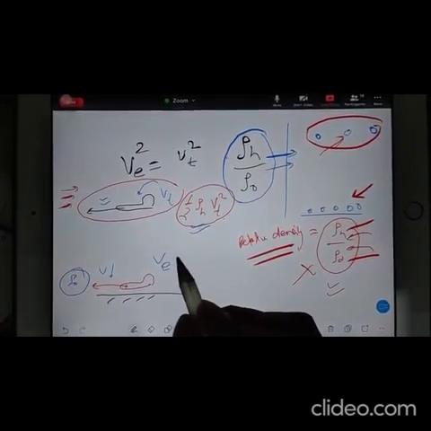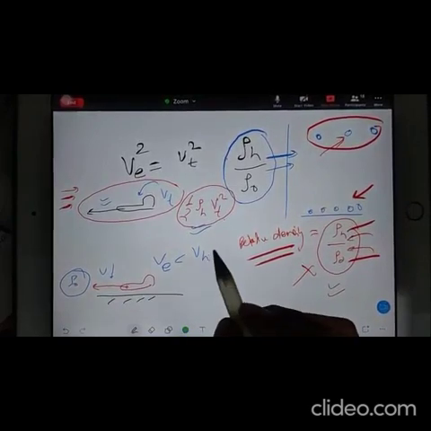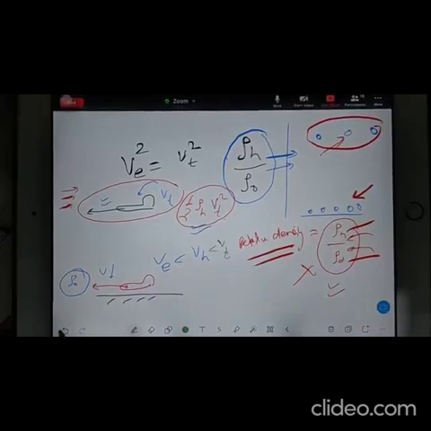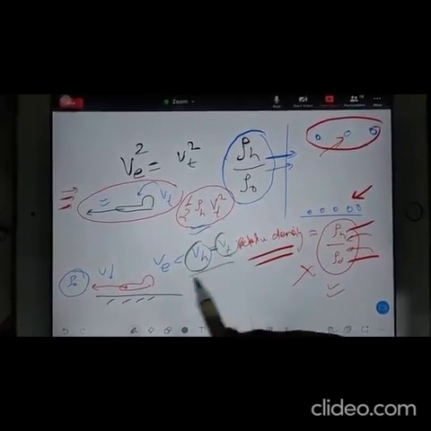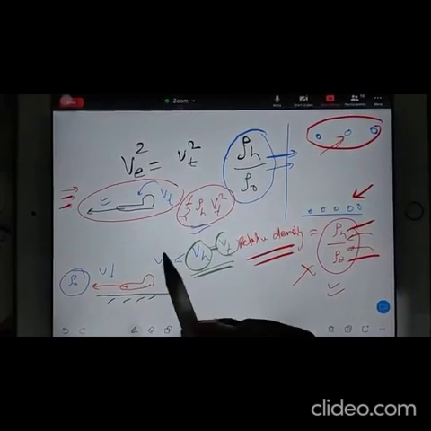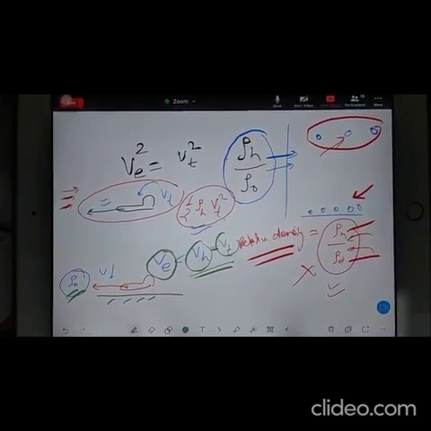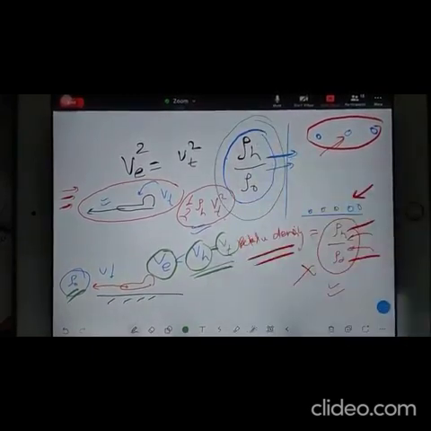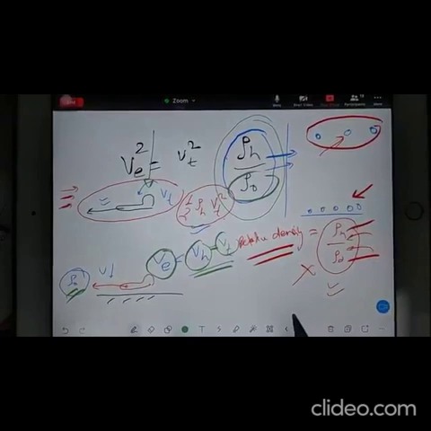Always remember, V equivalent will be less than V altitude, I mean true. I'm considering altitude and true the same. Because the density is already more, V equivalent will definitely come less. By this formula you can see this term is more, so this one has to be less. That's all done.